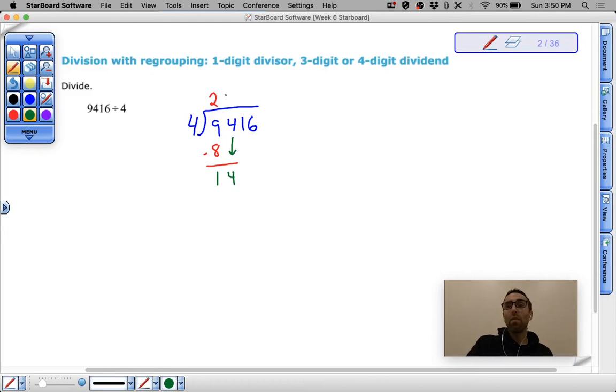I'm going to have 4 times 3. 3 times 4, I get an answer of 12, so I can do that subtraction right down here. And when I subtract these, put this in purple, 4 minus 2, I get an answer of 2. There we go.